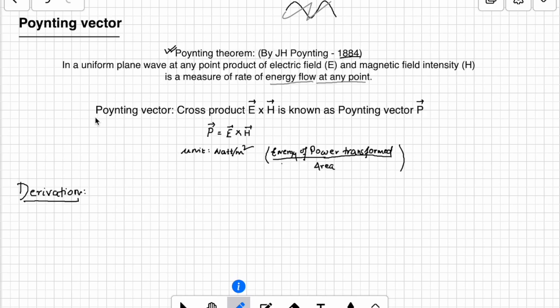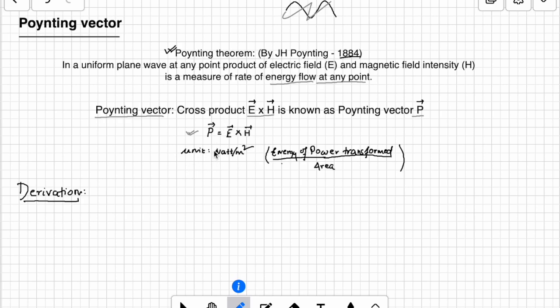So what exactly is a Poynting vector? The Poynting vector is the cross product of the electric field and the magnetic field, and we denote it with P. So P is equal to E cross H, that's the relation. If you are asked about the Poynting vector, you should state the theorem, and after that write down this mathematical form.